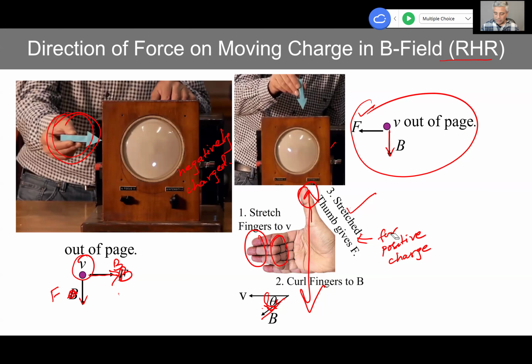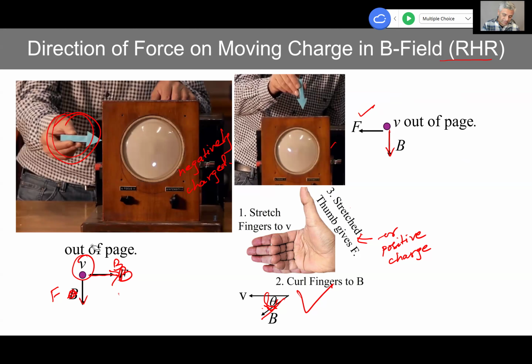If you got east for the positive charge using this rule, for the negative we just flip it, okay? We just flip it.